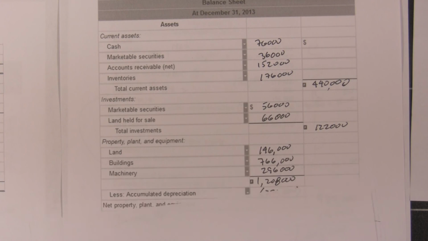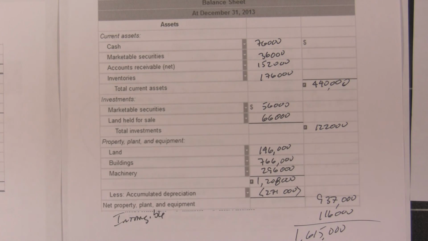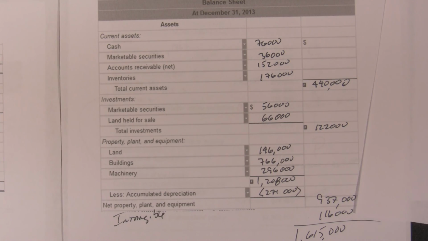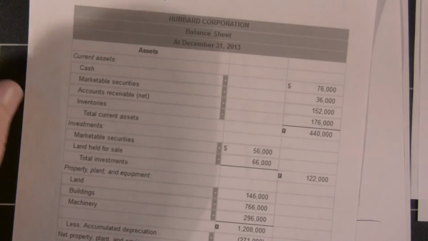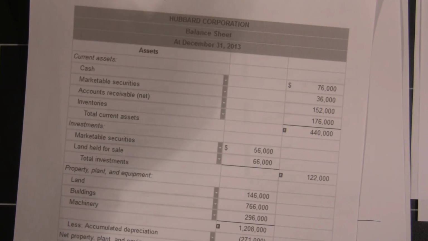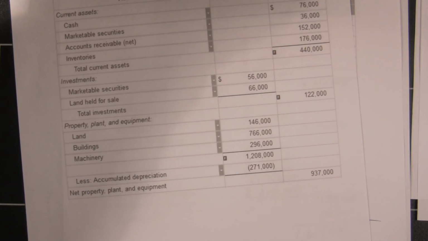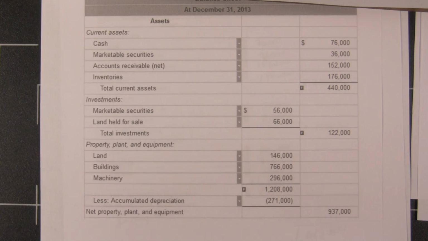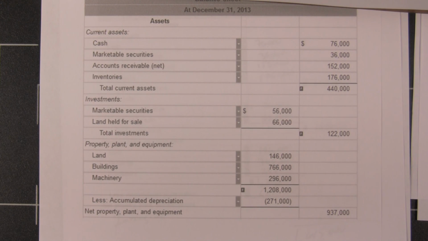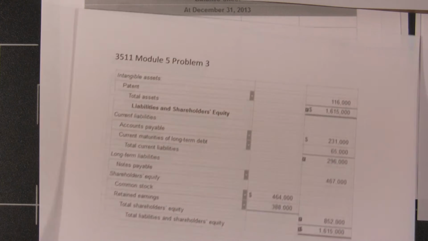Let me show you the finished problem in the printed out form so you don't have to try to scramble to read my scrawled numbers. That's the current portion of the balance sheet. That's sort of page 1 of it.